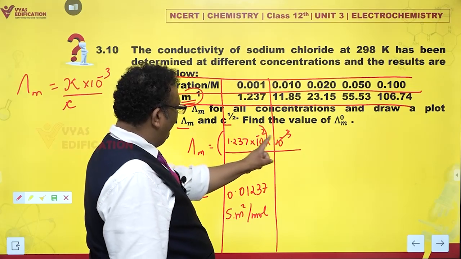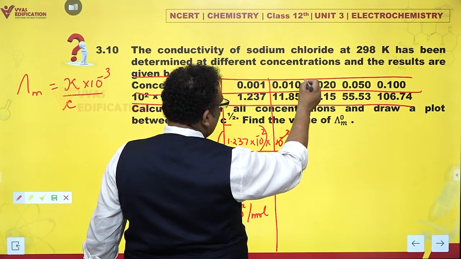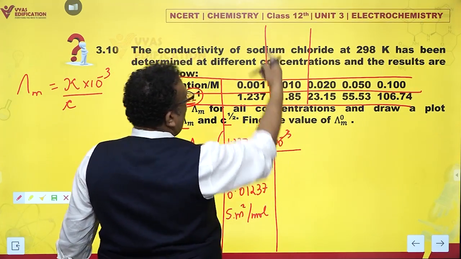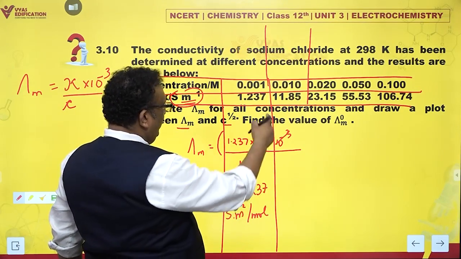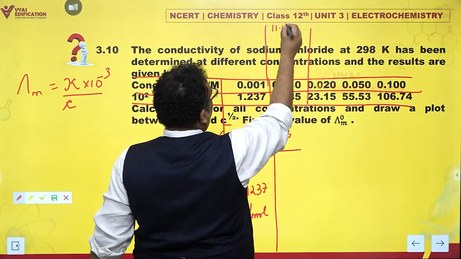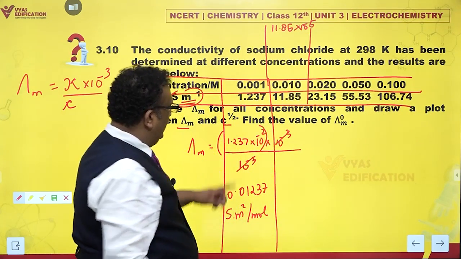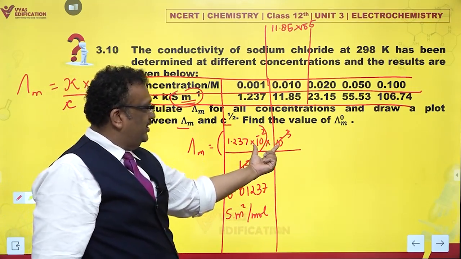Now we have to multiply by 10 raised to minus 5. Once we take this value, we don't have much space here, so can I do this up so that we have more space for the third entry? So that would be 11.85 into 10 raised to minus 5. Why minus 5? 10 raised to minus 2 from here and minus 3 from the formula, so that makes it 10 raised to minus 5.